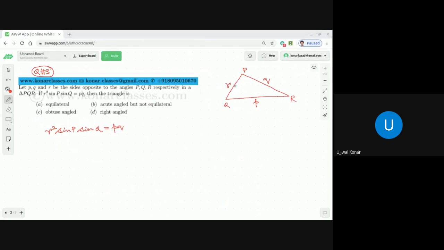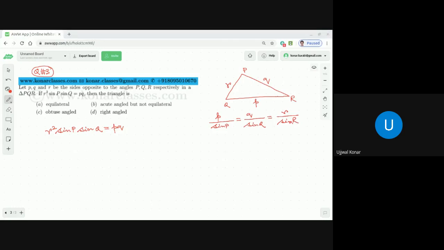Okay. Now we know that p by sine P is equal to q by sine Q is equal to r by sine R. So now what is r squared, dear students?